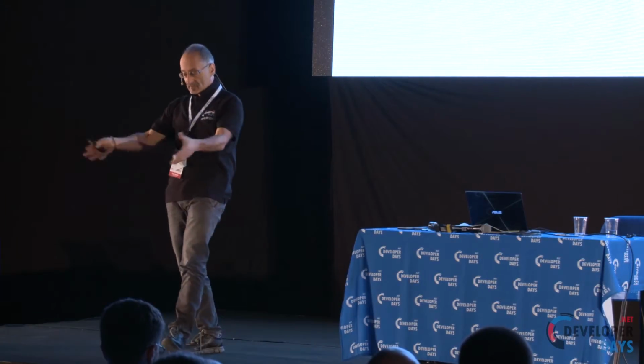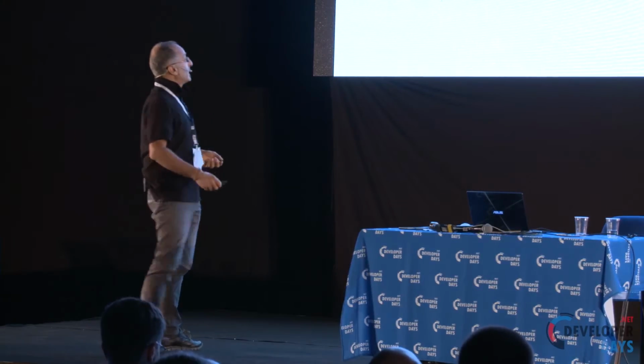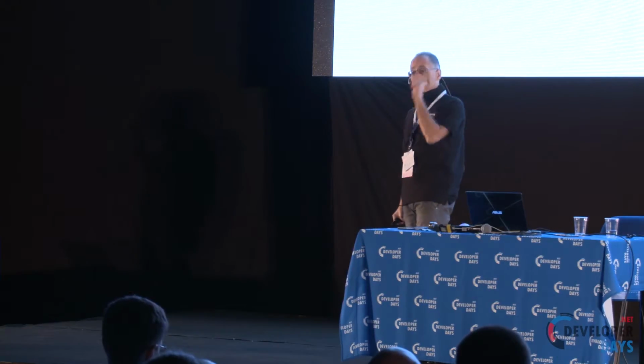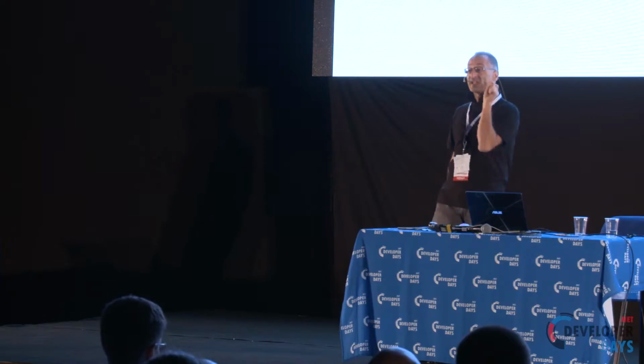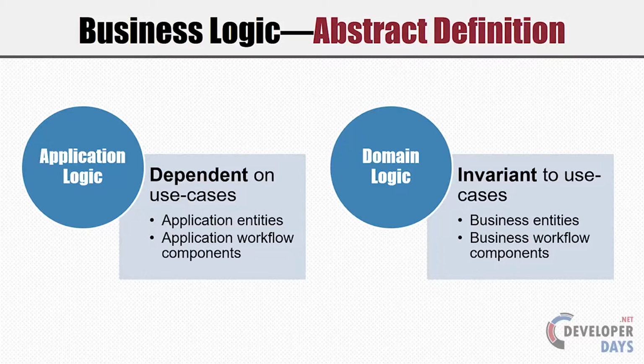Sometimes this is called, more recently, the view model. The domain logic, instead, contains the portion of the business logic that is invariant to use cases. It is not dependent on the way in which we receive or have to return data. It is the engine. It is the real business rules implementation.